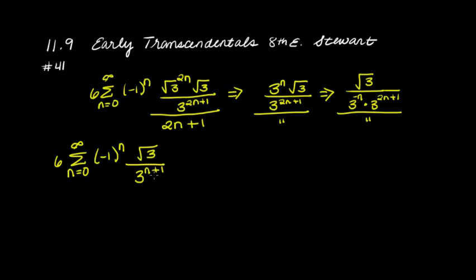And then from this point, we have to put it all over our 2n plus 1. All right, we can still work with this denominator right here. So what this is going to turn to is a root 3 all over 3 to the n times 3. So we're splitting these per term, and then this is all over our same denominator.